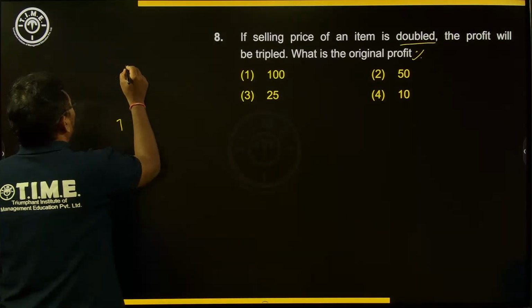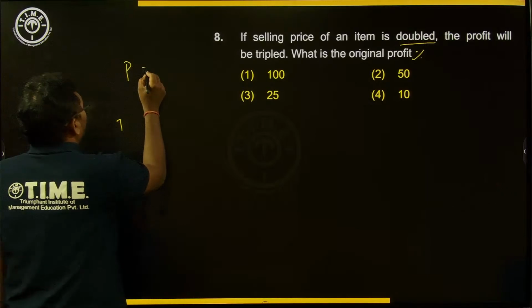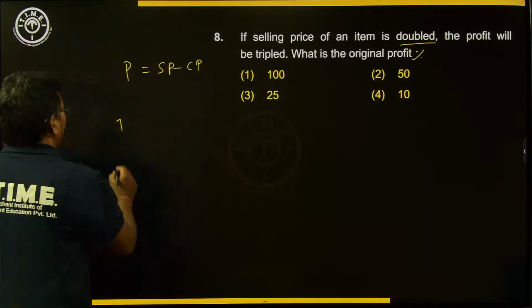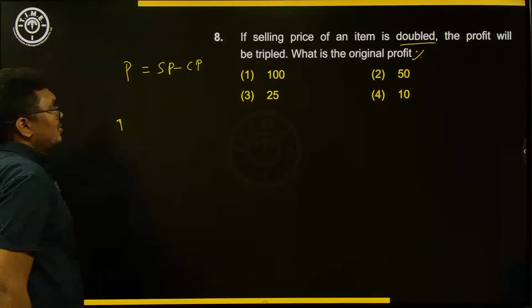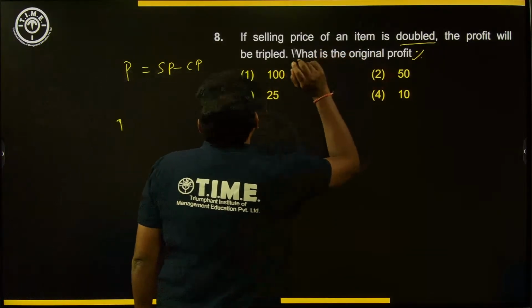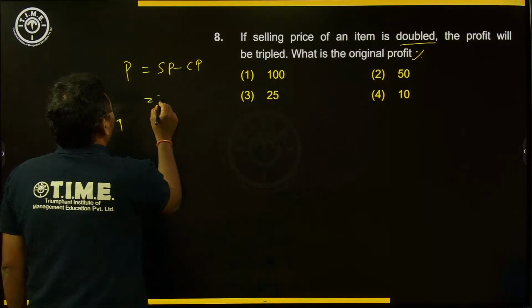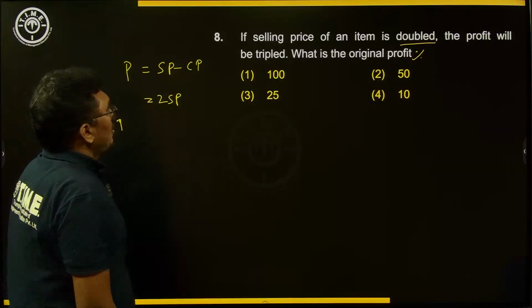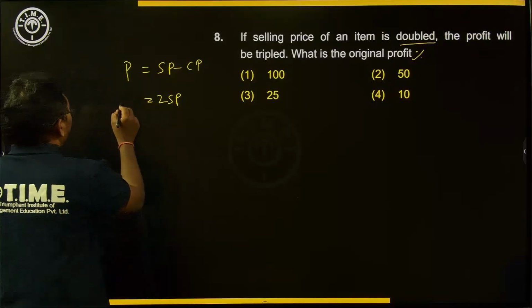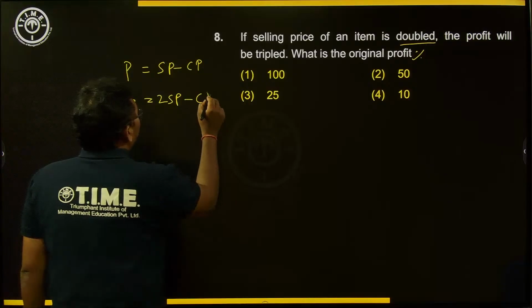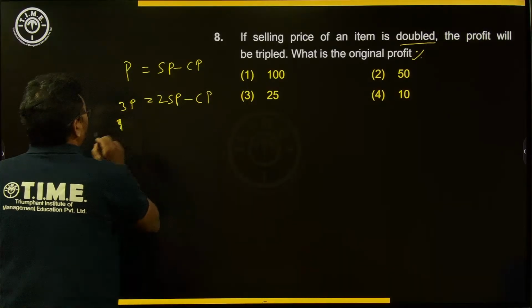Profit is equal to selling price minus cost price, right? So the selling price of the item is doubled, it will become 2SP, and the profit will be tripled. That means initial profit is P and new profit is 3P, so that means there is no change in the CP, right?